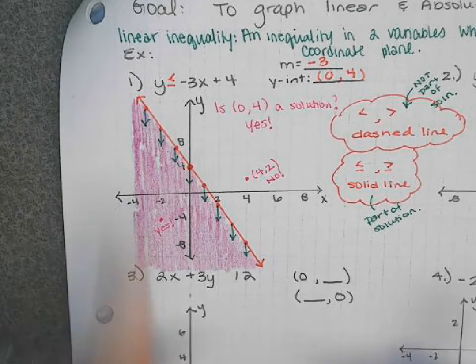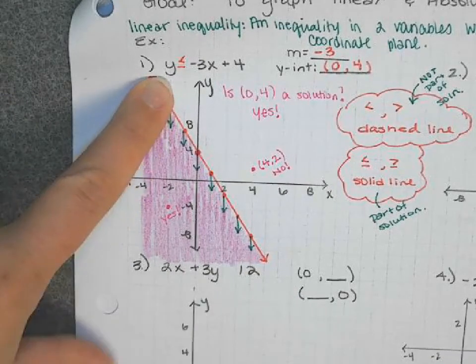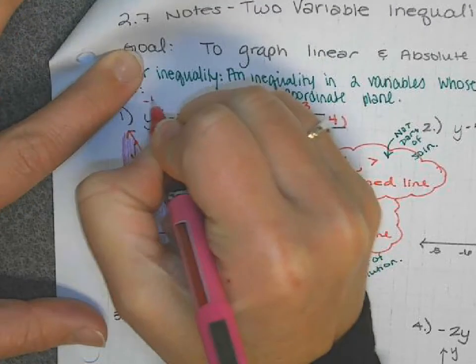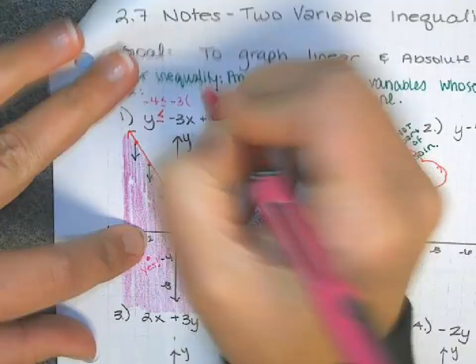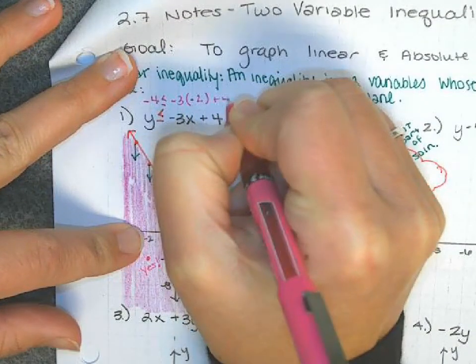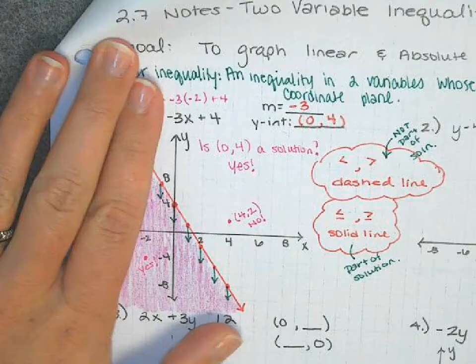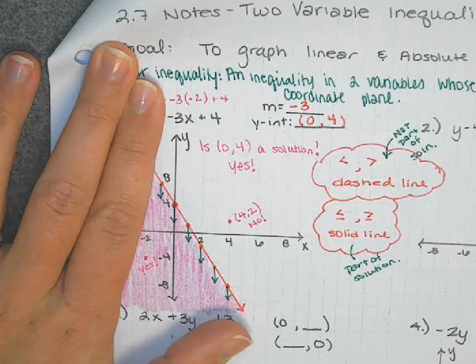Because if I plugged in (-2, -4), I'd have -4 is less than or equal to -3 times -2 plus 4. Simplifying the left, I have -4. Simplifying the right, I have +6 plus 4, which is 10.